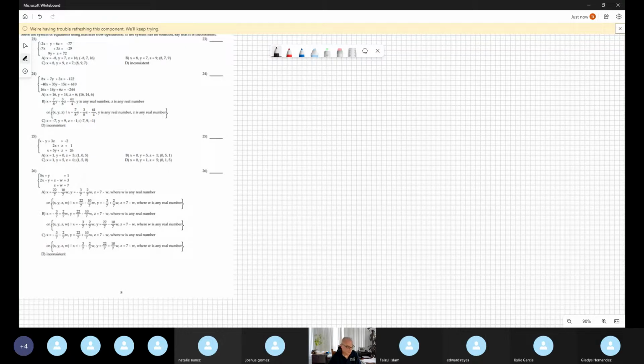So in 25, the matrix is 1, 2, 1, -1, 0, 5, 3, 1, 1, line, -2, 1, and 26.